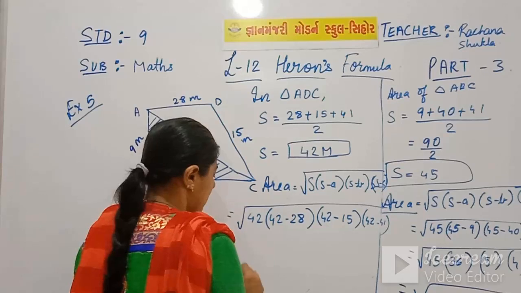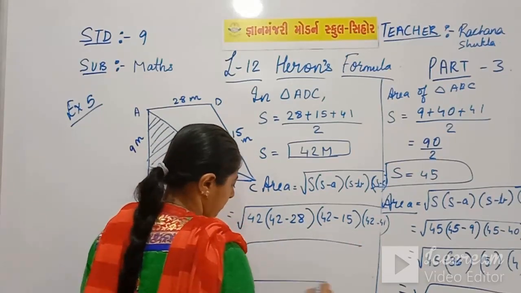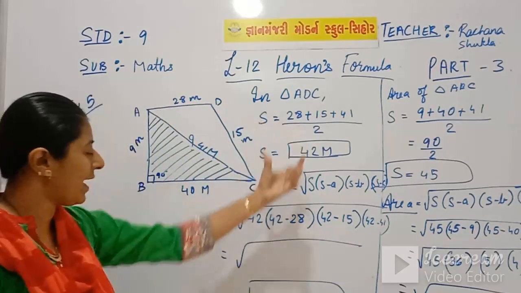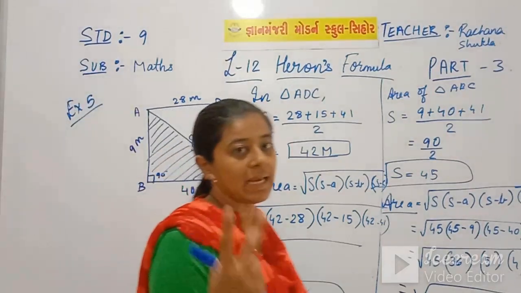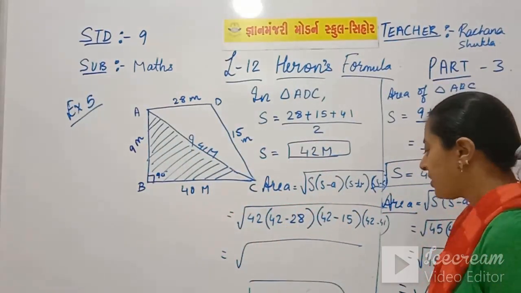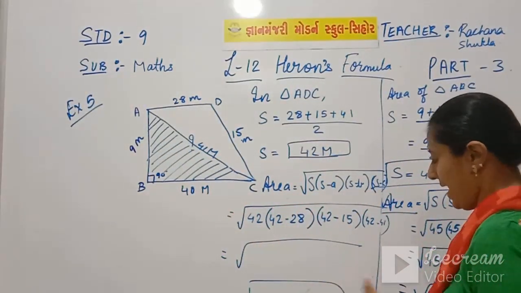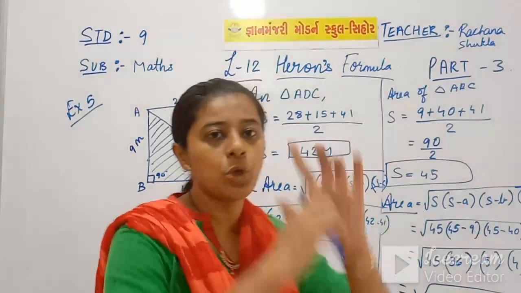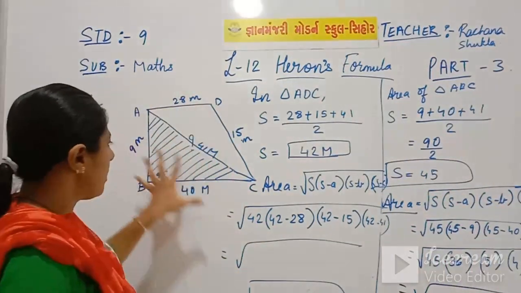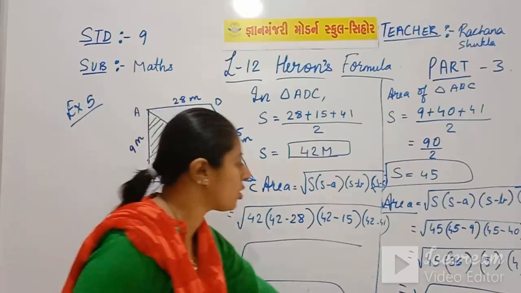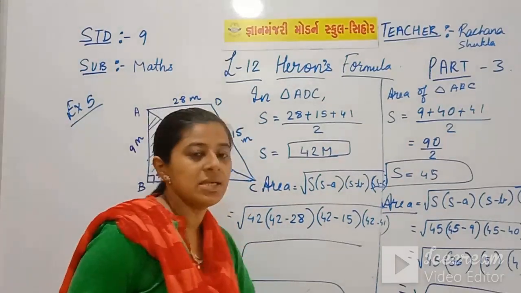You will solve this sum by yourself. And when you get the area of the second triangle, after that you will add both the areas. You will get the total area of the quadrilateral.